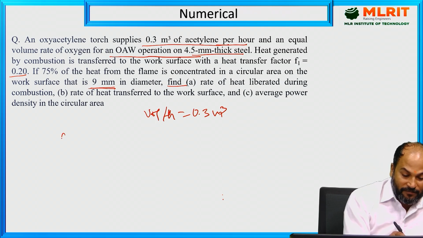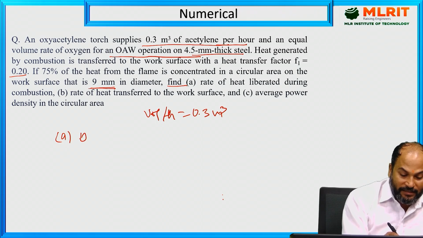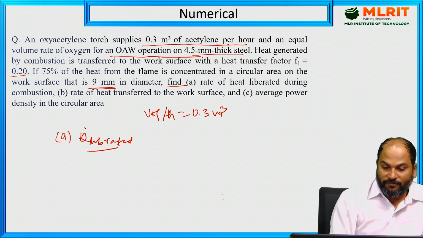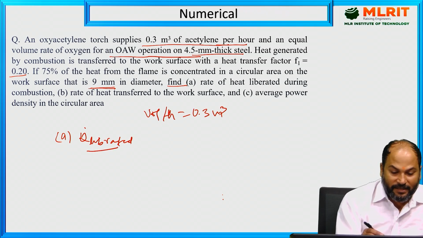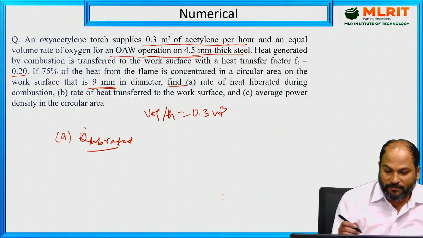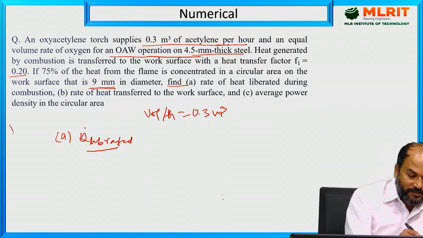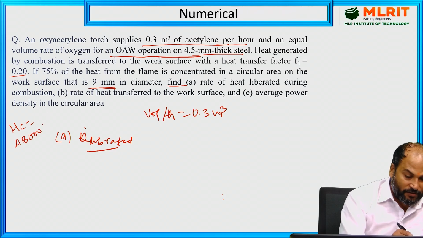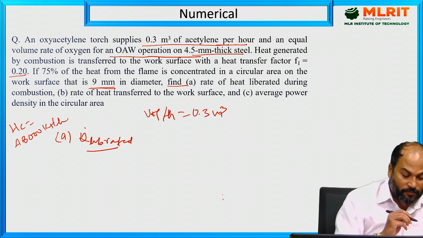So first, what will be the heat liberated? The heat of combustion value has not been given, so that is actually 48,000 kilojoule per hour.